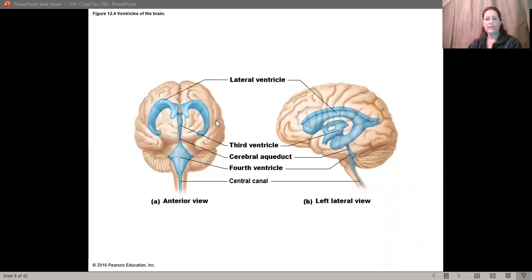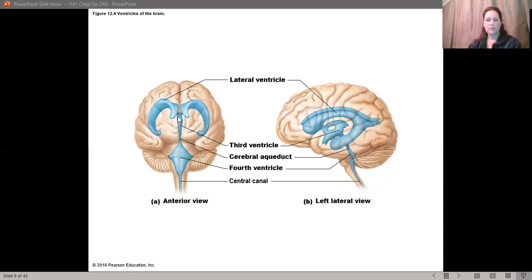This blue shading is showing the cerebrospinal fluid volume located in each of those ventricles. So the lateral ventricles are located just under the corpus callosum, and we'll be talking about that structure as well.